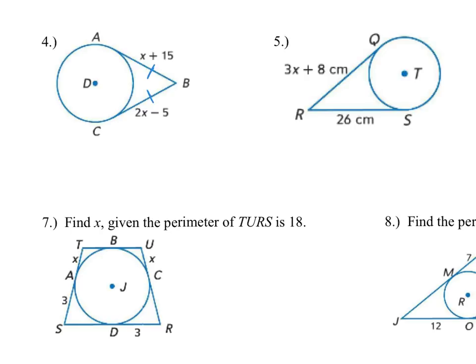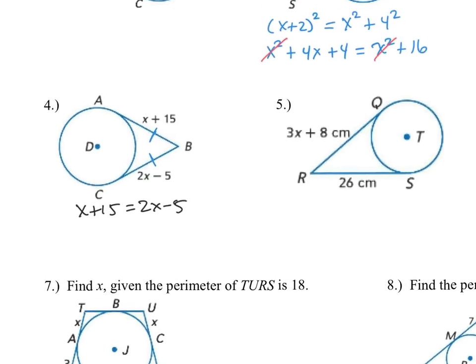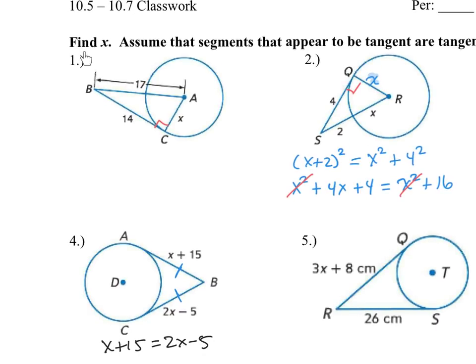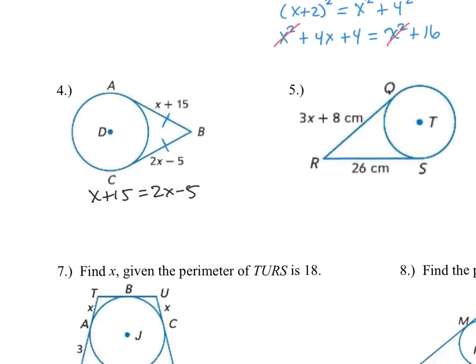So if the tangents are congruent to each other, then their measures are equal. So we can say that x plus 15 is equal to 2x minus 5. So go ahead and solve that equation for x, and then let's see, the directions said to find x. So once you've solved that equation for x, then you're finished with that one.